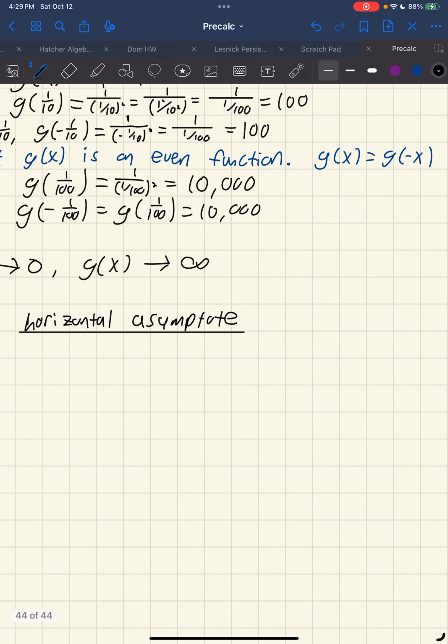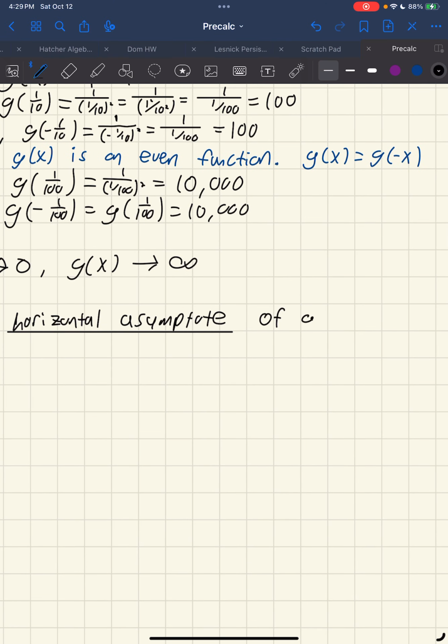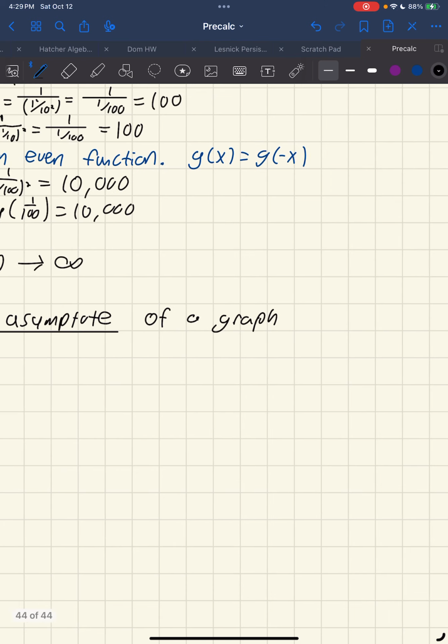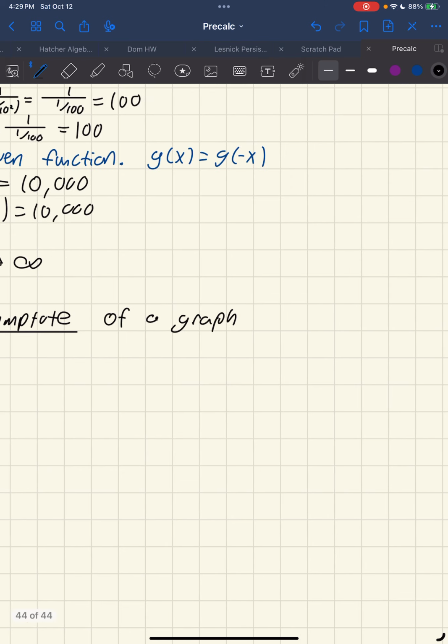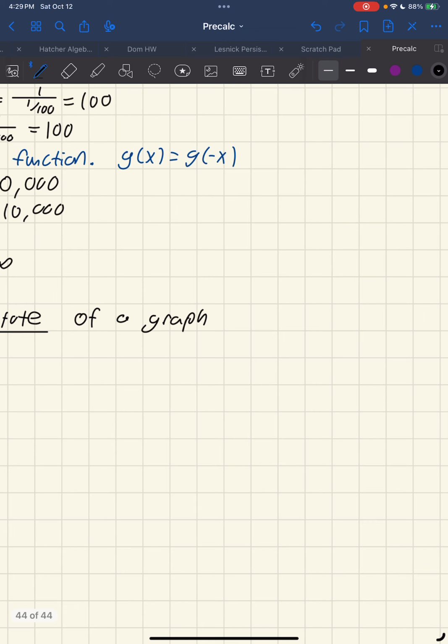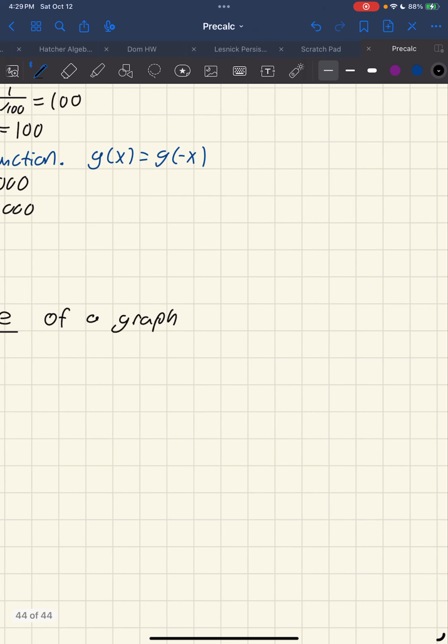A horizontal asymptote of a graph, and again, these asymptotes are these invisible lines. So if we want to look at them, we don't want them to be invisible anymore. We want to think about them as a line, and we've discussed lines. Specifically, if you guys are really keeping up and remembering, a horizontal asymptote of a graph is a horizontal line. And horizontal lines all have the same form.